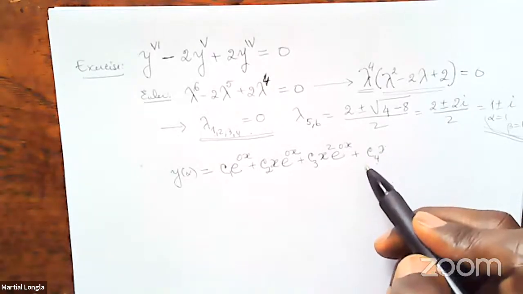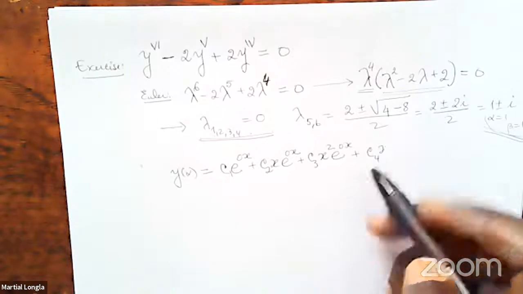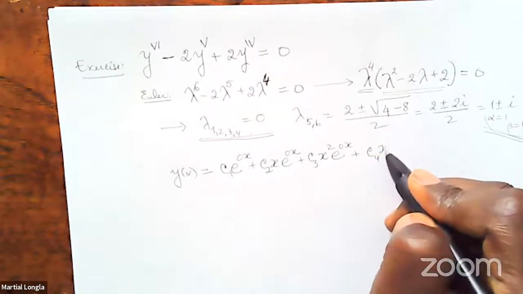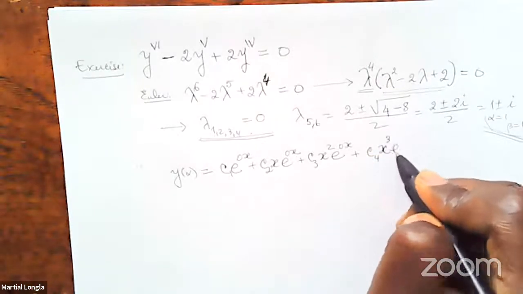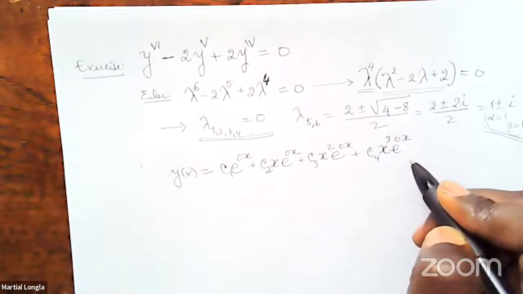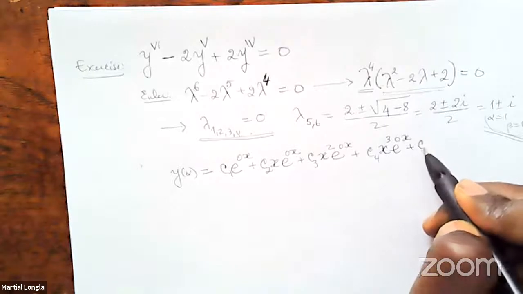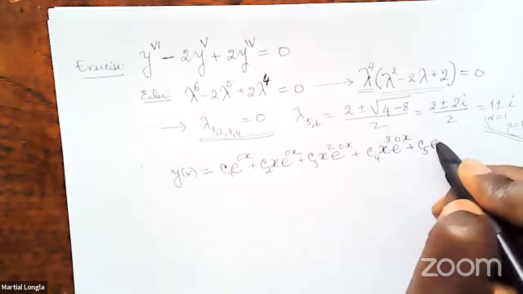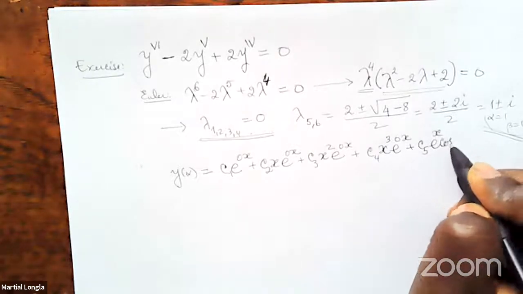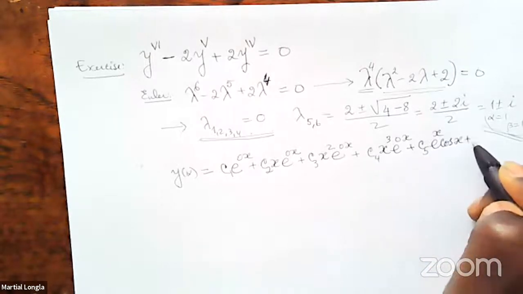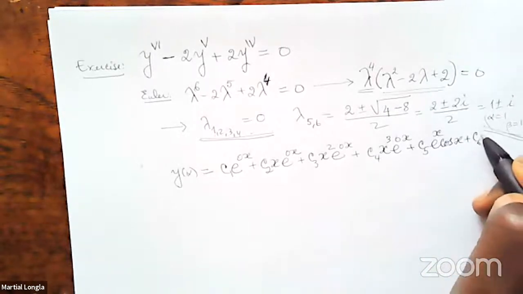We have 4 zeros. So it'd be x cubed e to the 0x, and then c5 e to the x cosine of x because alpha is 1 and beta is 1. Correct. And then plus c6 e to the x sine x.